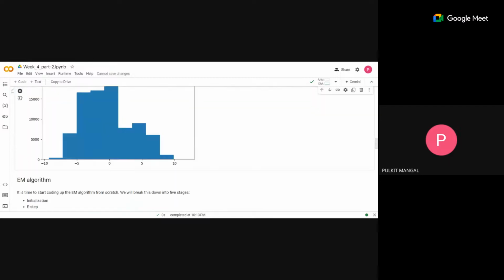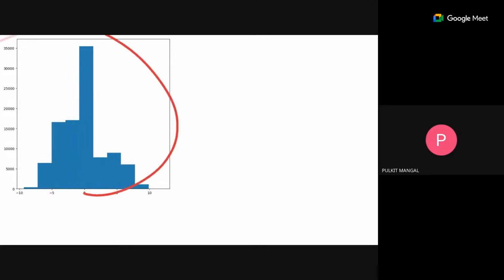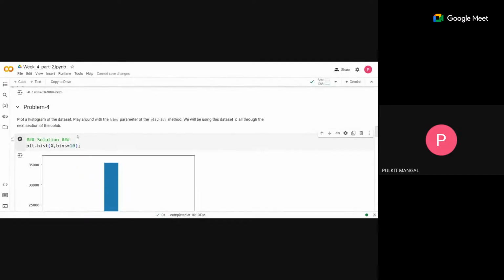So it is giving this kind of shape if you go on full screen. Let's change the bins and move it to 50.